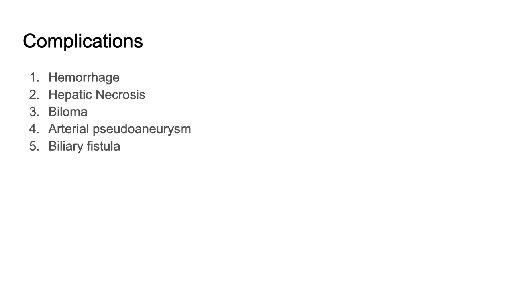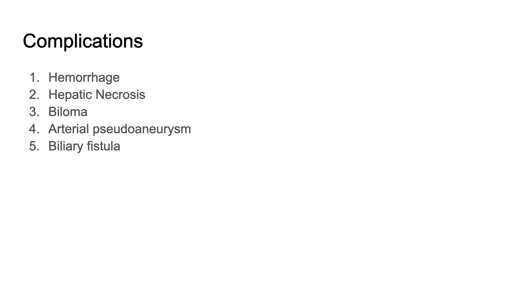And then, last but not least, are complications. Hemorrhage and hepatic necrosis, from artery ligation or just frank liver injury, are the most common. Less common are bilomas, pseudoaneurysms, and biliary fistulas.